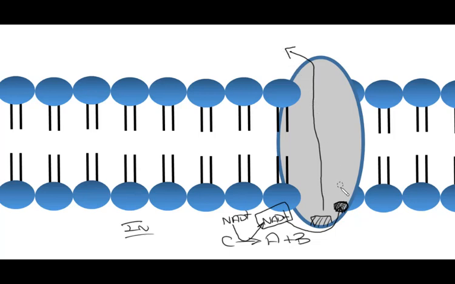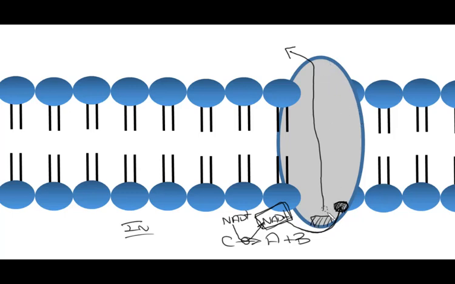Now, the change of shape of this molecule demands some kind of energy. And that kind of energy, of course, is given by the electron that comes from this reaction here. This electron is now stored in NADH, and NADH will bind here and provoke the change of shape.